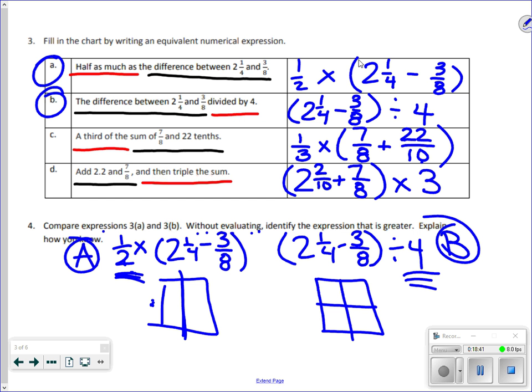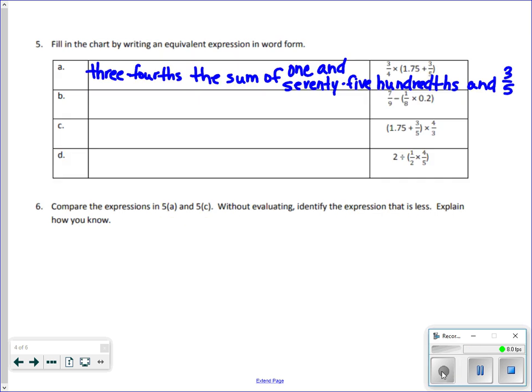So if I actually worked it, just to prove a point. All right. How would you do B? How would you write that? The difference of the product of 1/8 and 0.5, I think. Okay.